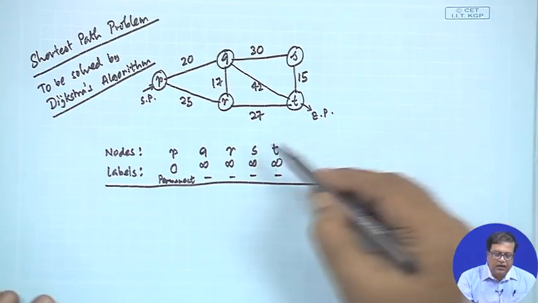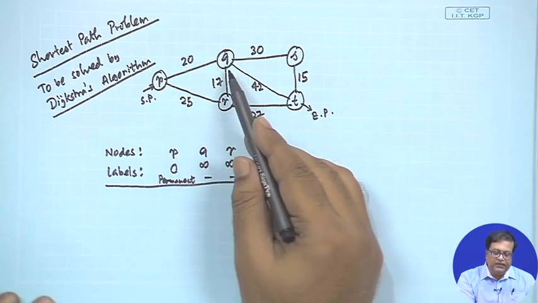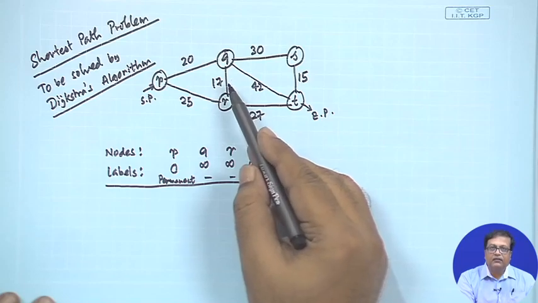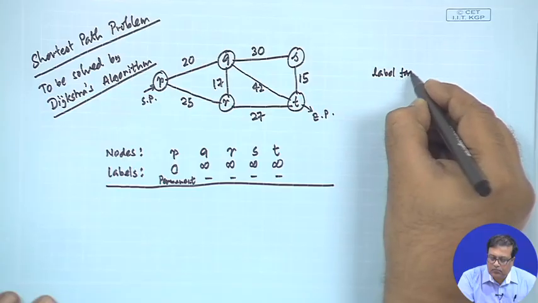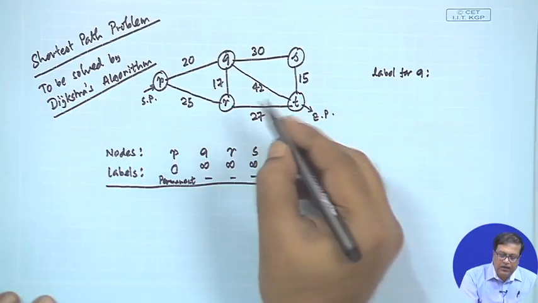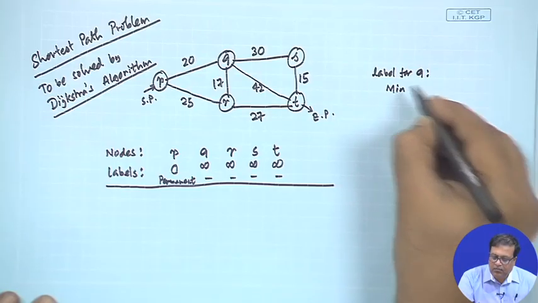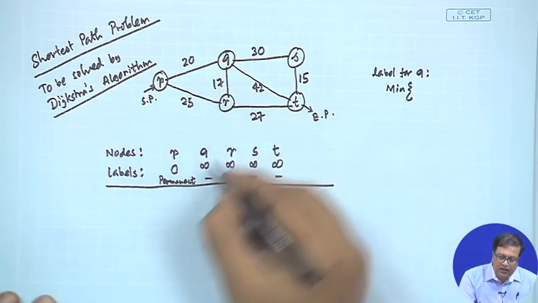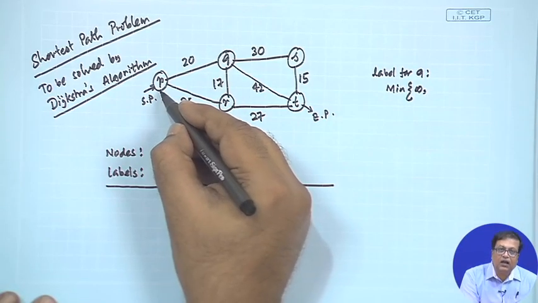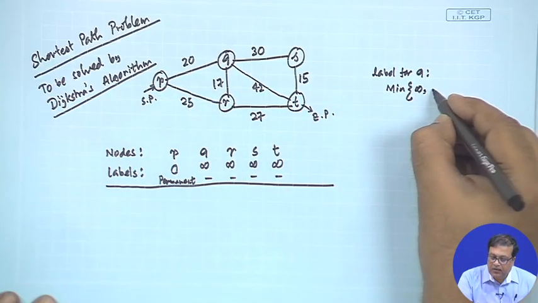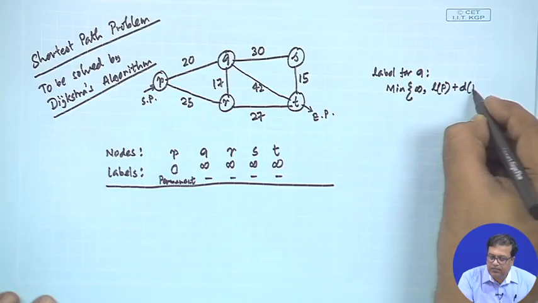Now, in the second round, out of the remaining 4 points, we see which labels we can modify. The label for Q will now be the minimum of the current label, that is infinity, and the label of the last permanent node, LP, plus DPI.